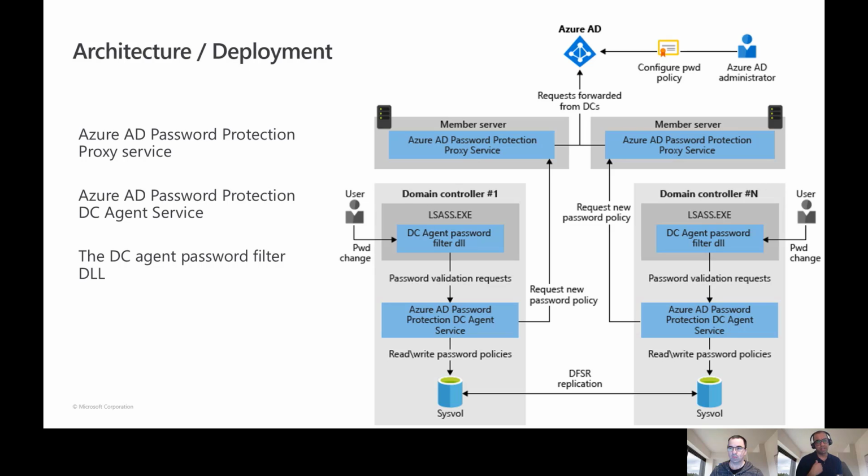One thing which I personally felt works very well for me is installing the proxy agents on the Azure AD Connect server, because most of the time Azure AD Connect servers are already whitelisted for the URLs which the password protection proxy service needs.